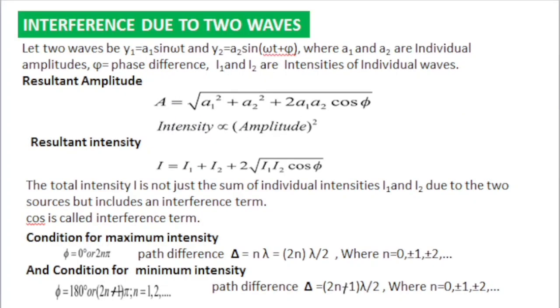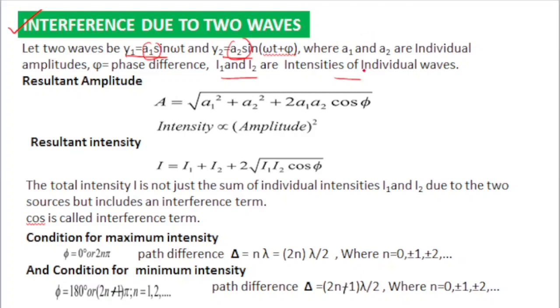Now, interference due to two waves. When two waves superimpose, what happens? At some points there is maximum intensity, at some points minimum intensity. So what is the formula for that intensity? To calculate that, suppose the two waves are y1 equal to a1 sin omega t and y2 equal to a2 sin omega t plus phi, where a1 and a2 are individual amplitudes, phi is the phase difference, and I1, I2 are the intensities of the individual waves.